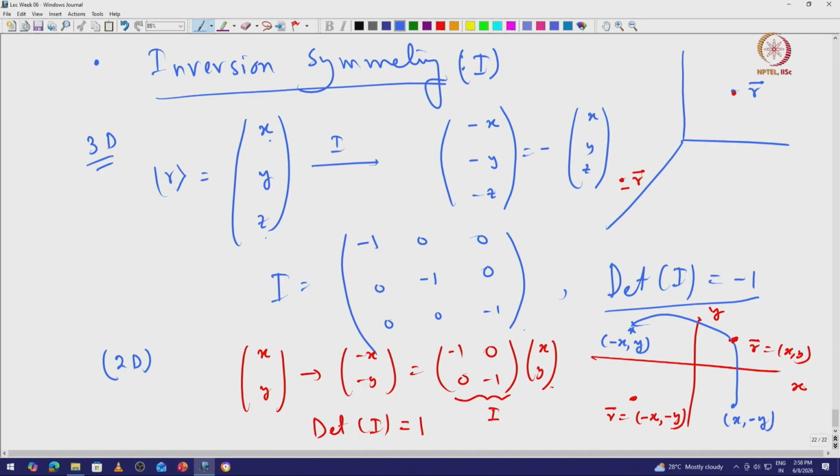So in this case one of them will be plus, other will be minus. So then in 2D, inversion is only reflection. But in odd dimensions, inversions are well defined.